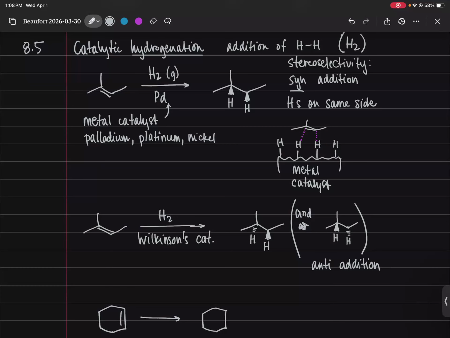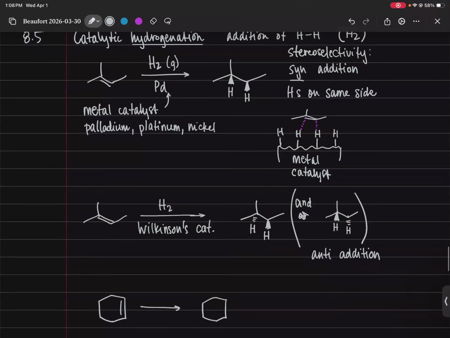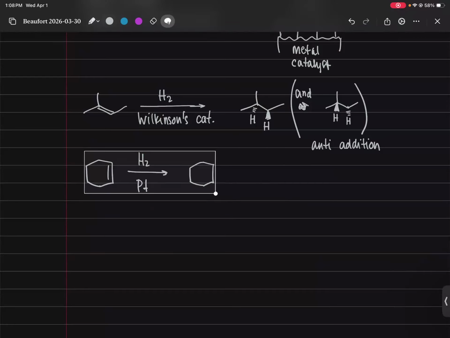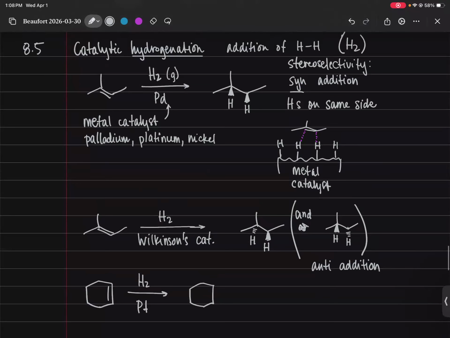So if you didn't hear what he asked, if there's no stereoselectivity in the reaction, which one do you use? The answer is either one. That's as complicated as hydrogenation gets, pretty much.